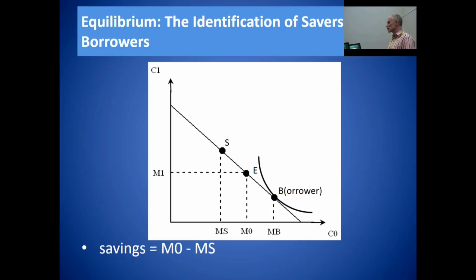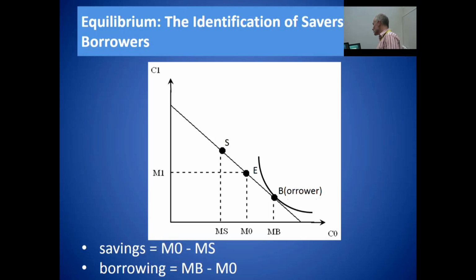Conversely, if the consumer's preferences were such that the point of tangency between the budget constraint and the highest possible indifference curve was a point such as B, and point B is to the right of the endowment point, this person wishes to be a borrower.